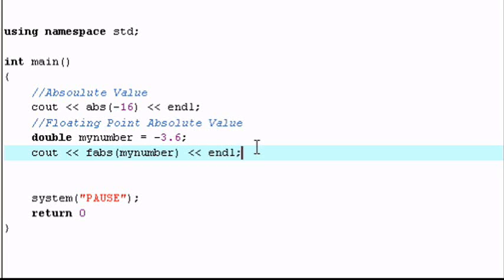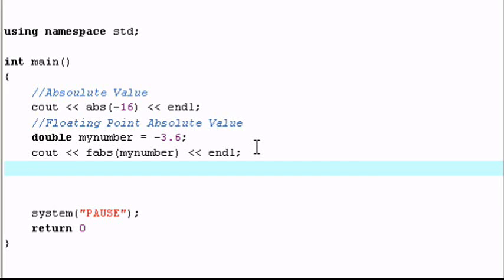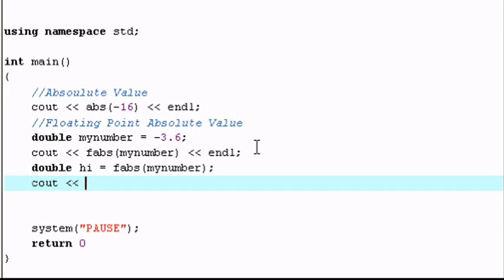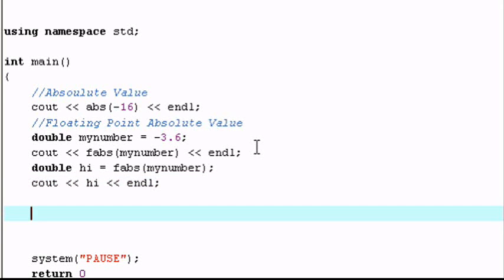And it's pretty obvious you can also store it in other variables, so let's say double high equals fabs my number. Floating point absolute my number. You can do that with all the other things also. Cout high endl.